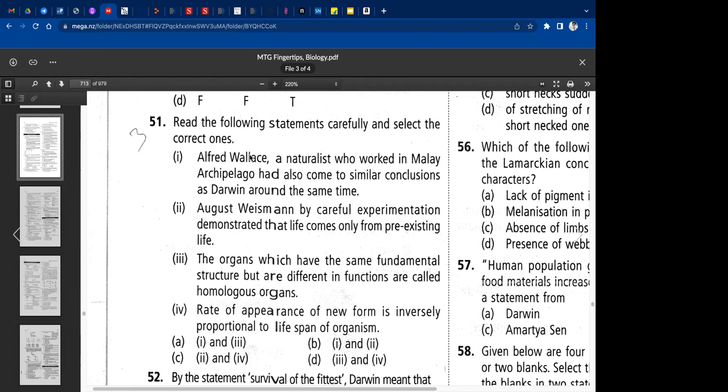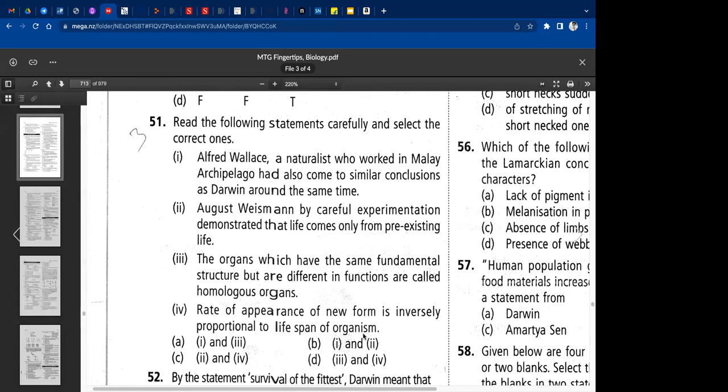But 4, the rate of appearance of a new form, which means a new kind of ability or a new beak or something, the rate of appearance of new forms or new species being inversely proportional to lifespan, is not correct.